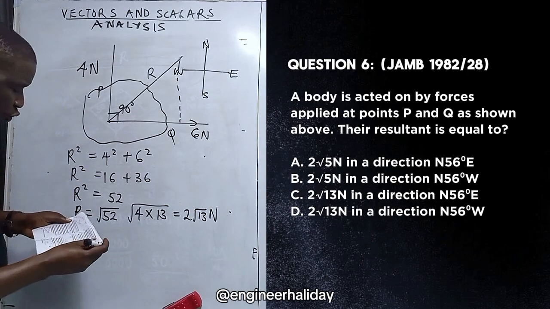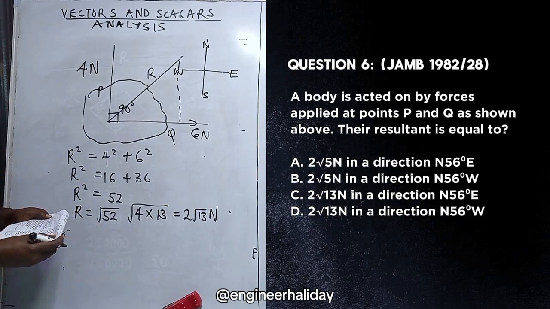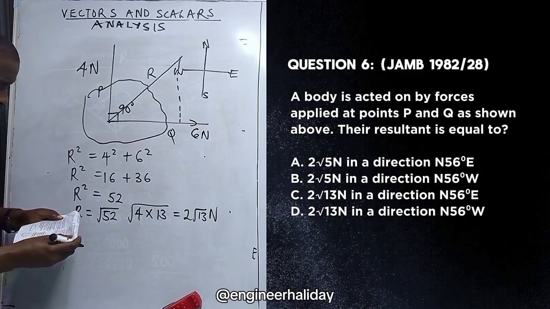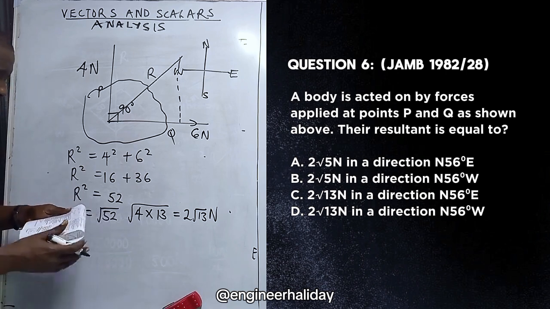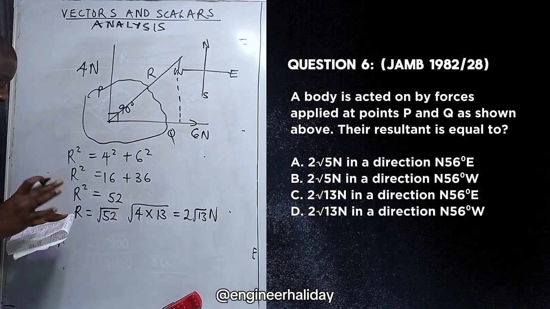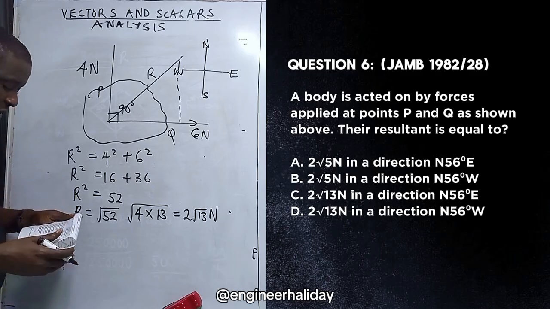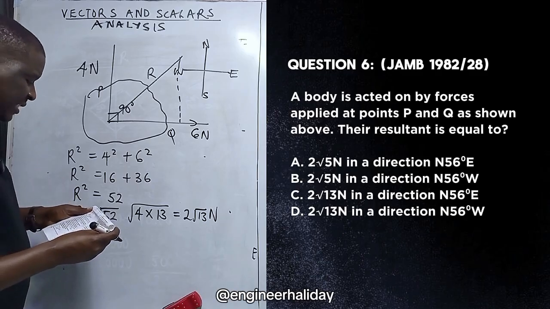So we have two options that have 2 root 13. Option A is 2 root 5, B says 2 root 5, C says 2 root 13, and D says 2 root 13 also. So the direction is where we are going to fight now, and the directions are the same, 56 and 56. That is how to solve questions like this if you don't want to use the calculator.